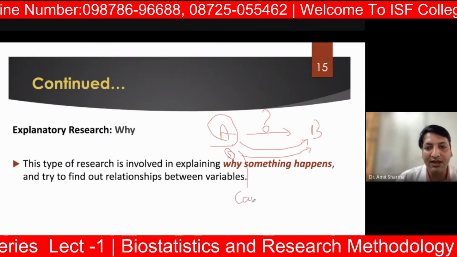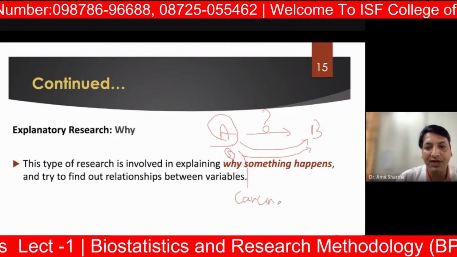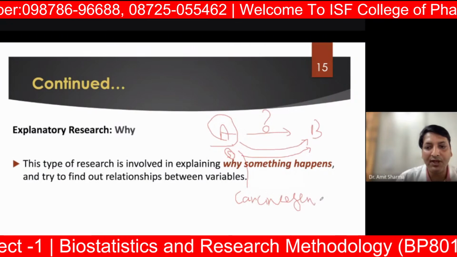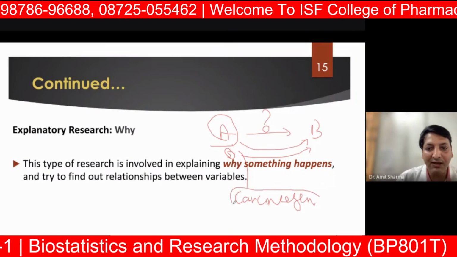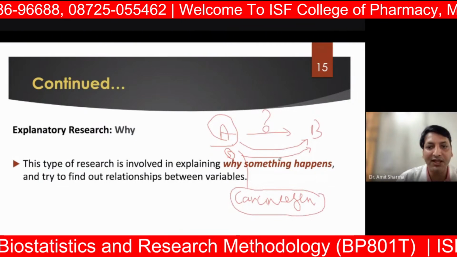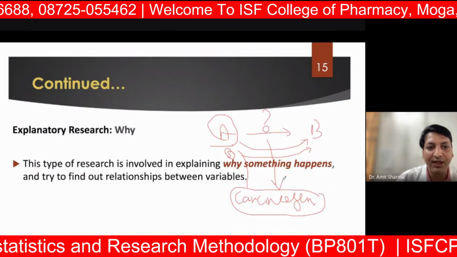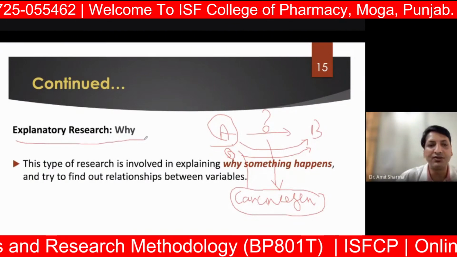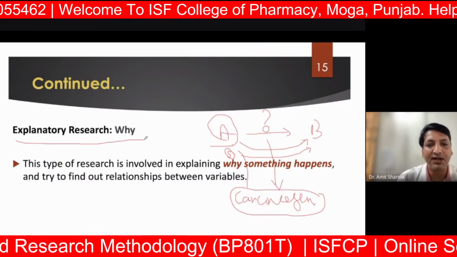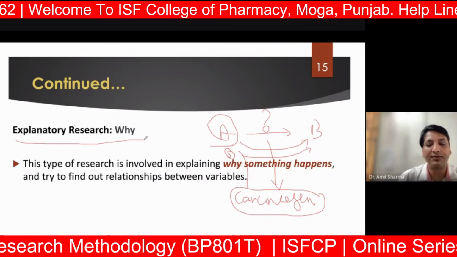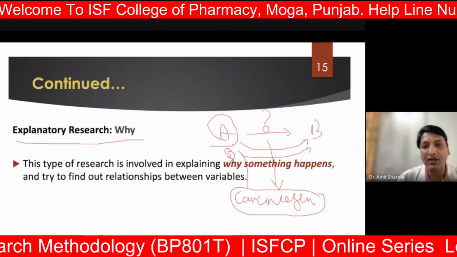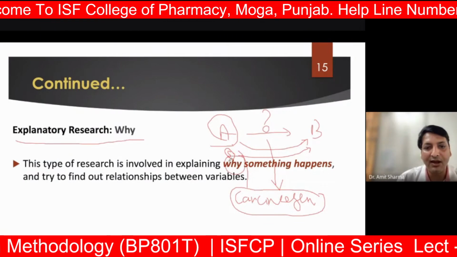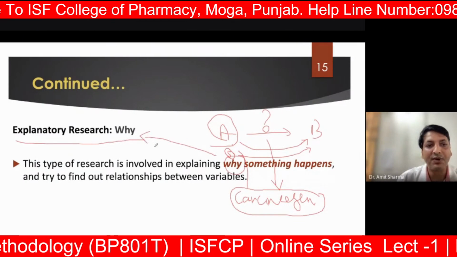A contains carcinogens, and because of that, people are suffering from cancer. So finding the type of carcinogens inside A is the answer of why. That means you have identified which kind of carcinogens are inside a cigarette, and you can find the answer for the why. That kind of research is called explanatory research.